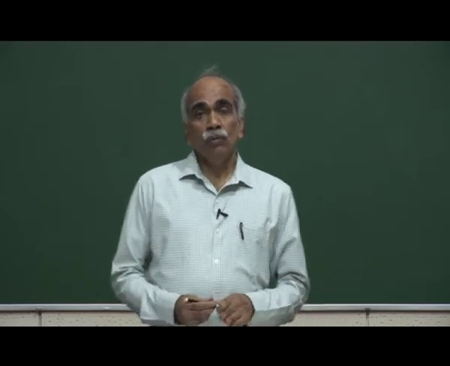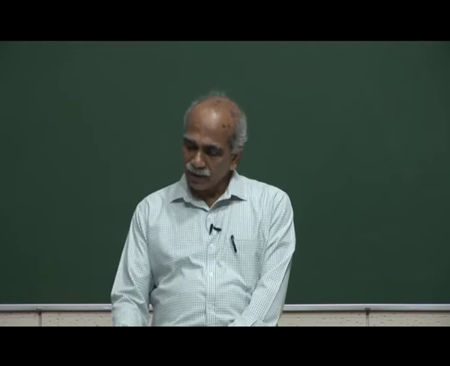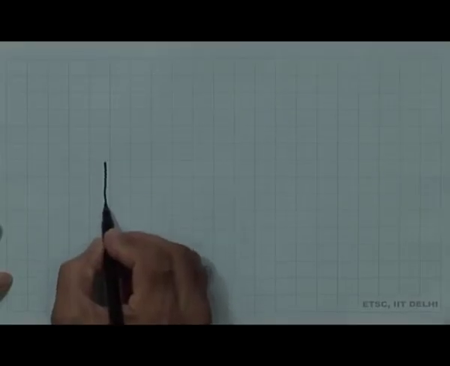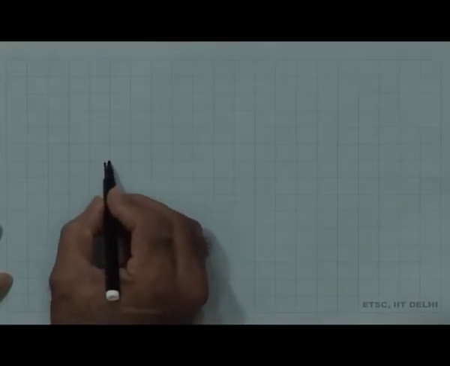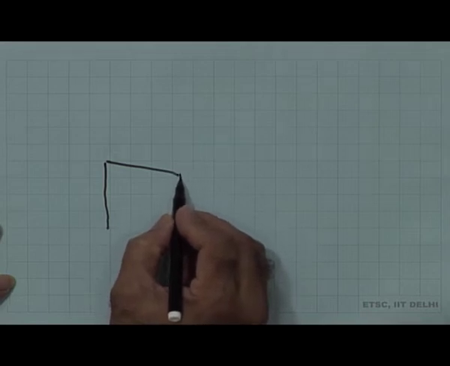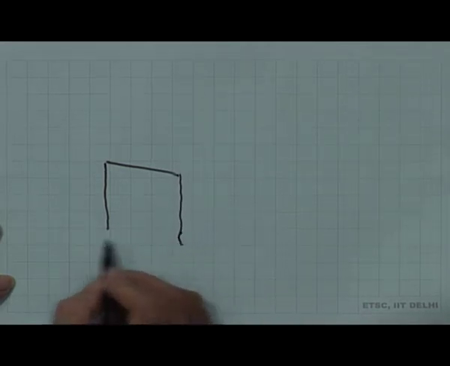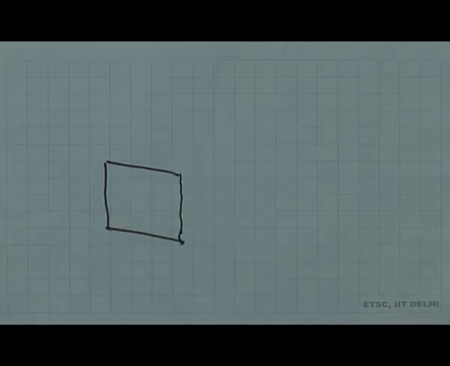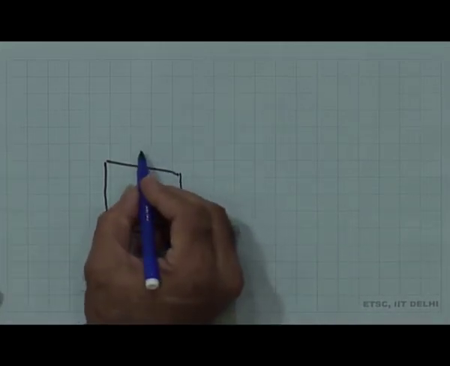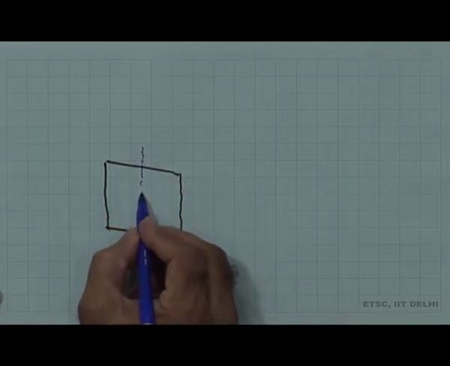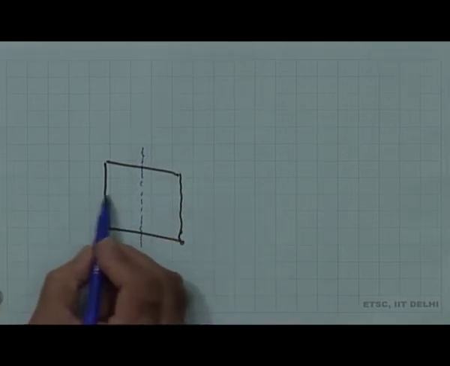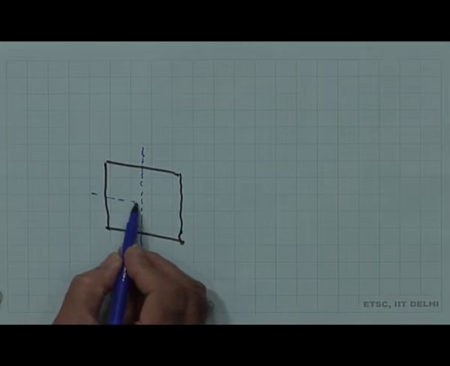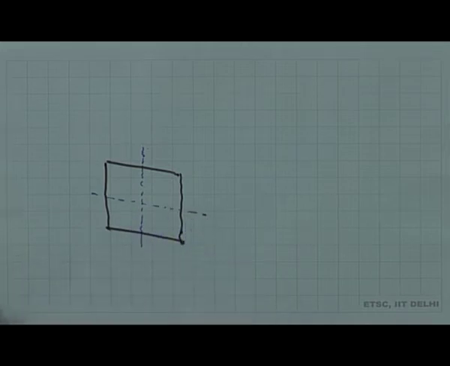Now, what would happen? Let us look at the experimental arrangement again. Here I am trying to draw it in 3D. The axes are shown here: this is our x axis and this is the y axis in each plane.